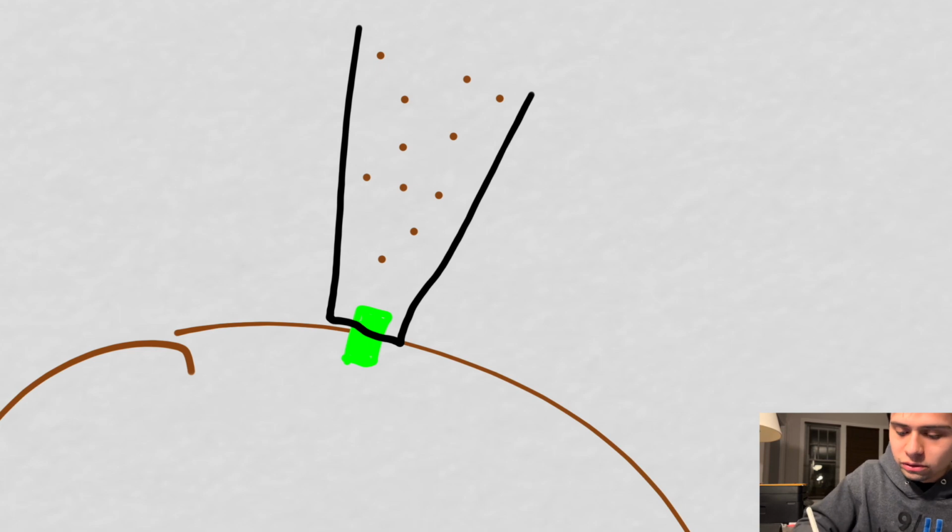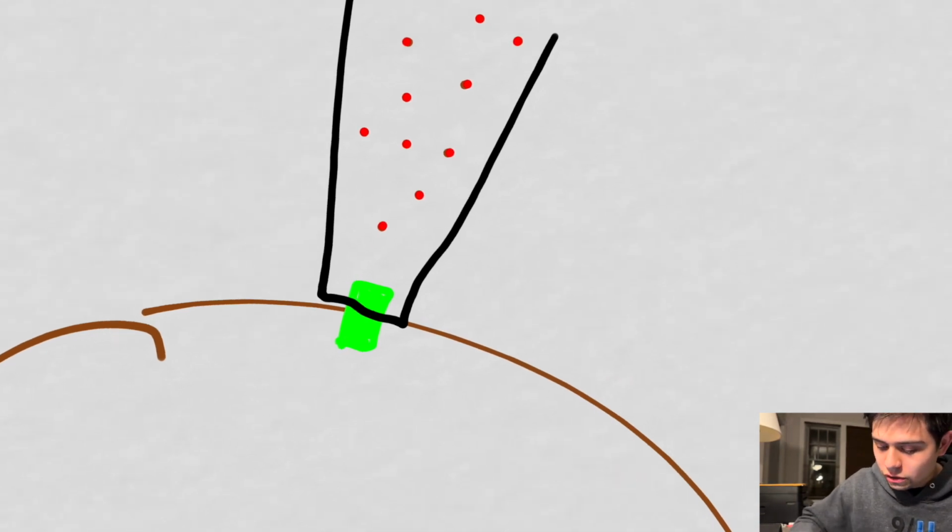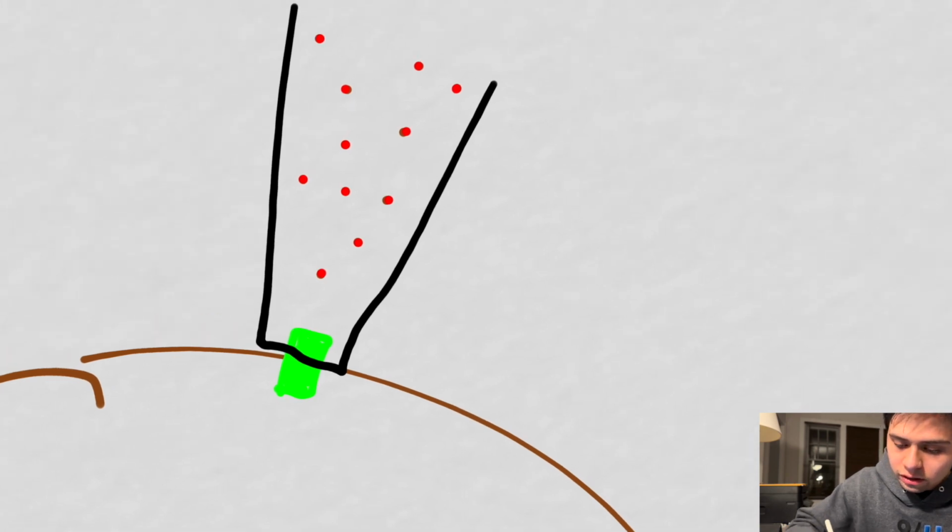I should have made those a different color, so as not to get confused. So you apply any concentration you want, and you have an electrode in here. I'll make the electrode dark blue.